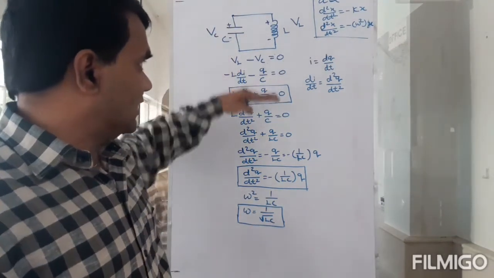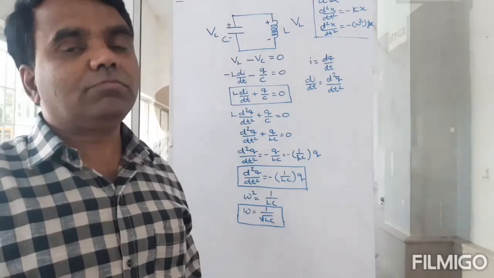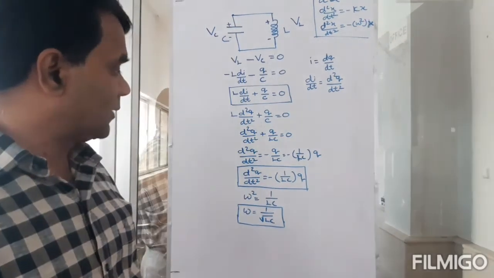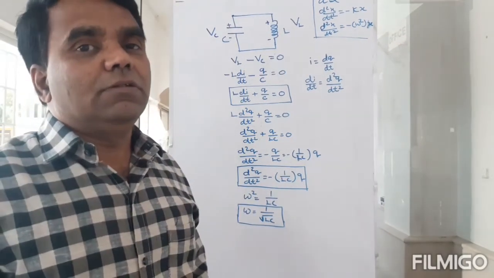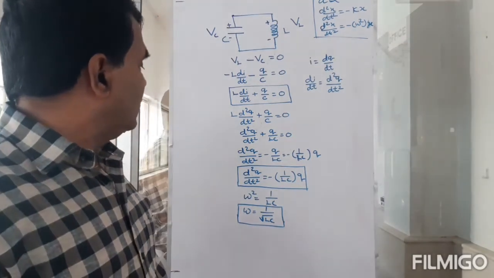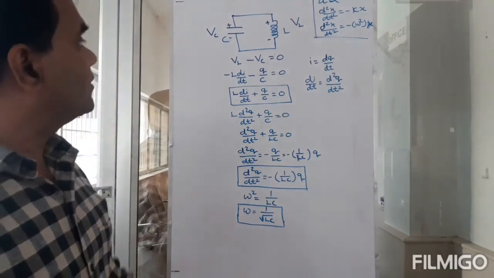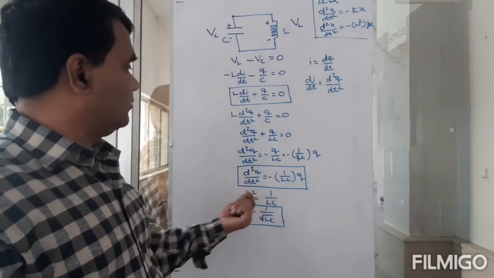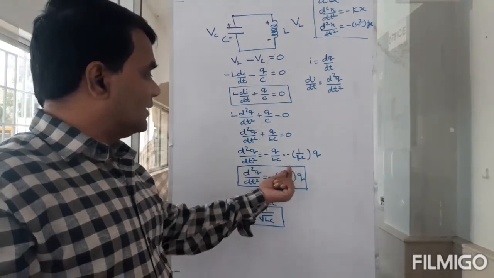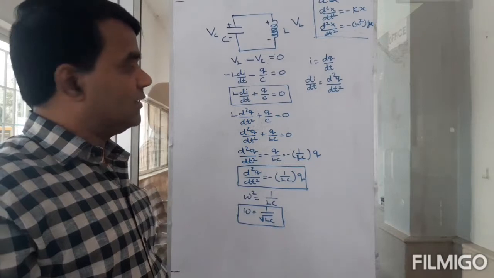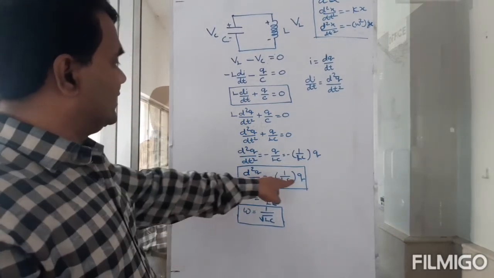So we have explained that mathematically here. From this, you can find the nature of Q. What would be the equation for Q?